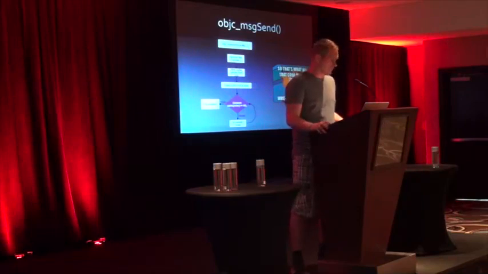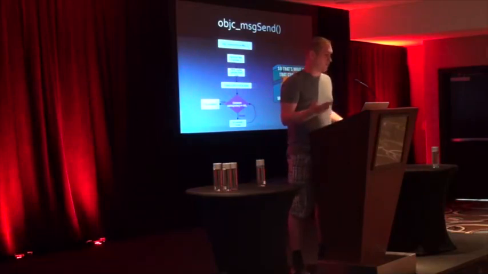Next it reads from the class struct itself the cache pointer, and that's a pointer out to this cache on the heap of methods that have already been called on the object, right?